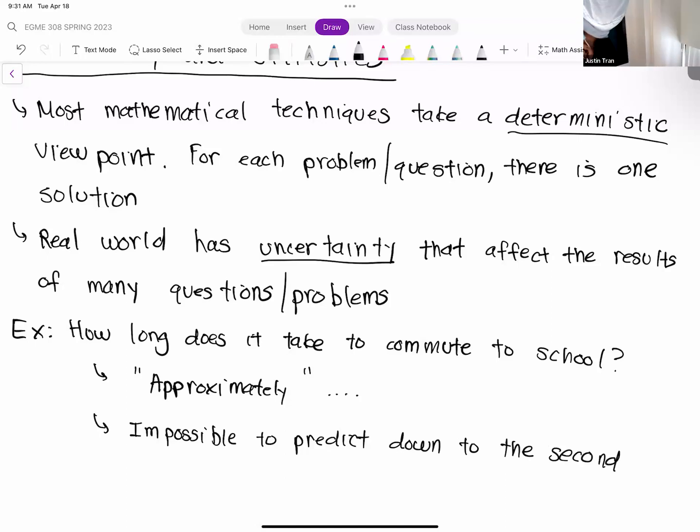And why is that? Well, there's a lot of uncertainty that affects your commute to campus every day.